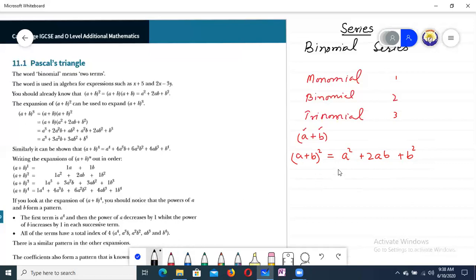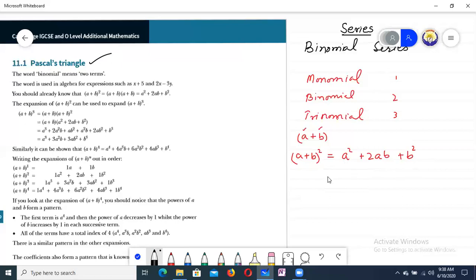How can we expand this one? In the lower grades, you studied it like this: a plus b into a plus b, multiply, and we get this. But as we want to use the Pascal triangle in this topic, we will use it here. And how can we use the Pascal triangle?